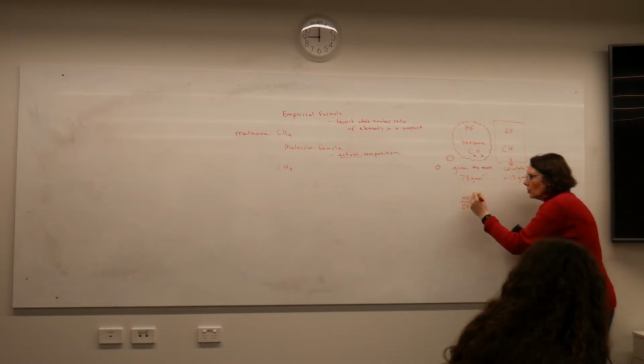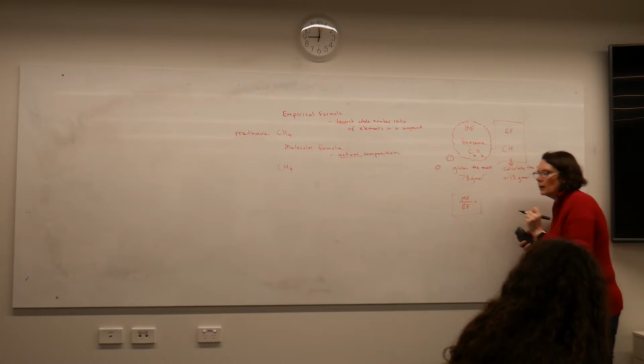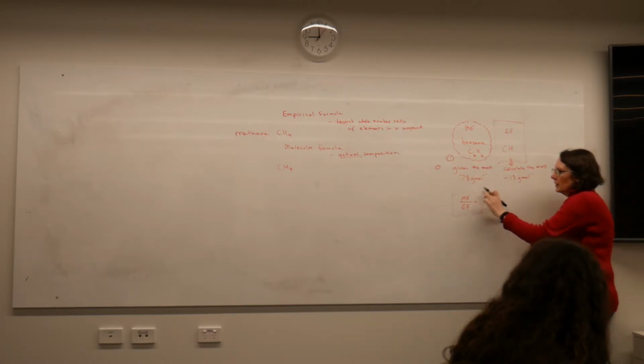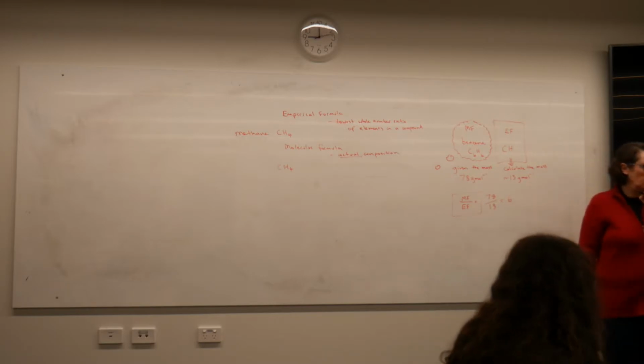This part is always the same: we divide the molecular formula mass by the empirical formula mass. If we did that with these numbers, we're going to get 6.